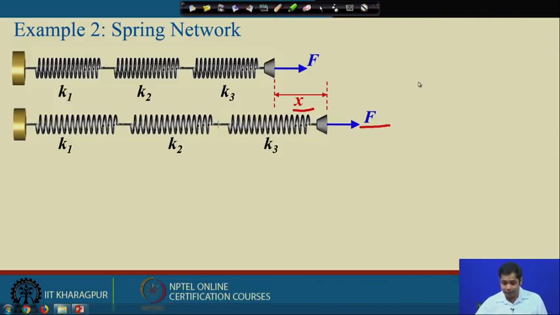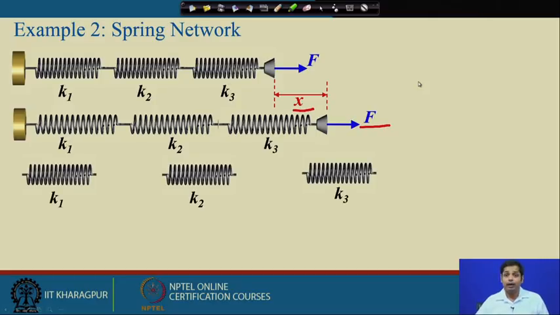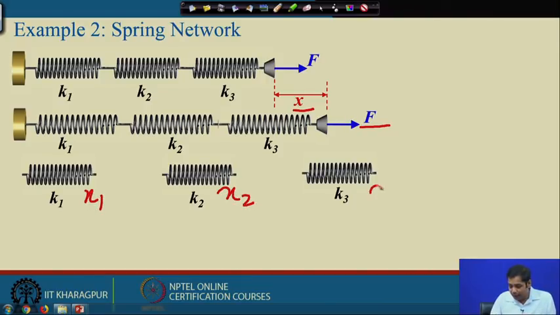Now, what we can do is, and this you have also seen in your first year mechanics, we take these three springs separately, spring 1, spring 2 and spring 3, and at any point if we take, the force will remain the same, F. So, suppose x1 is the displacement here, x2 is the displacement here, and x3 is the displacement here.